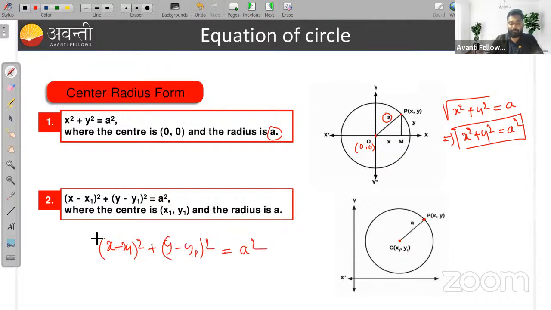If I square both sides, what you will get? That is a square. So this is the equation of circle when the center is not at origin. Is that clear to everyone, guys?